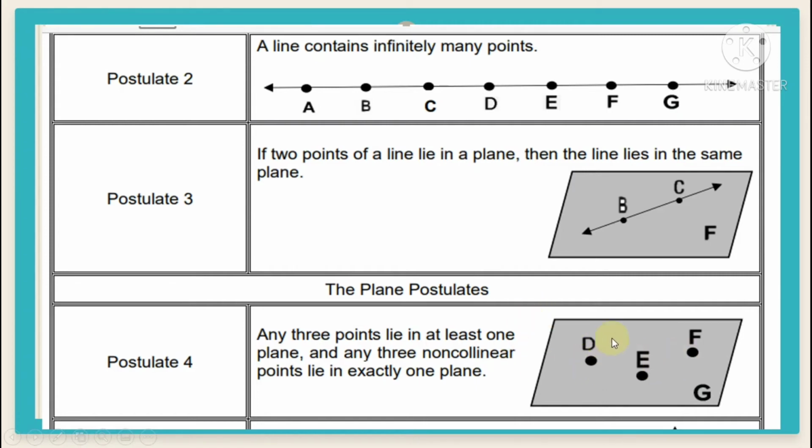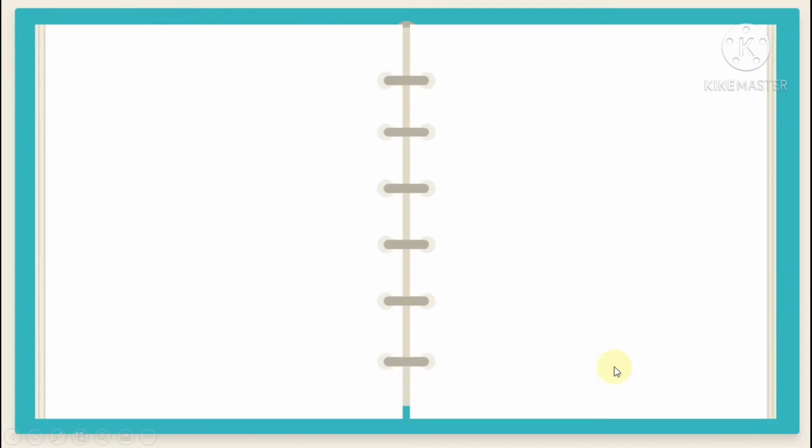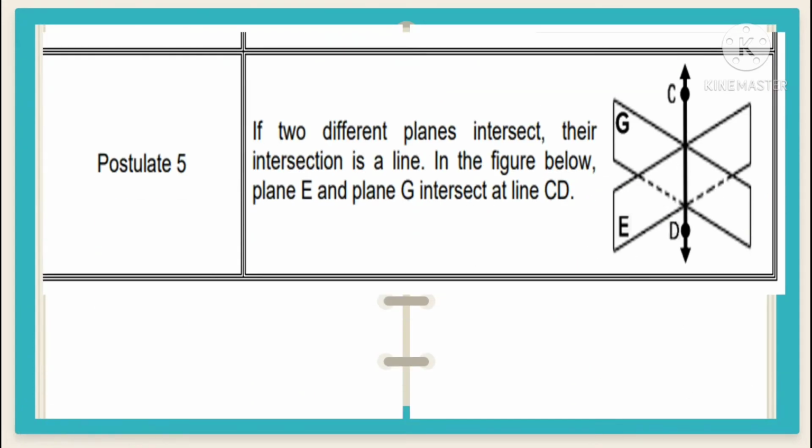Here's an example of postulate number 4. Postulate number 5. If 2 different planes intersect, their intersection is a line. In the figure below, plane E and plane G intersect at line CD.